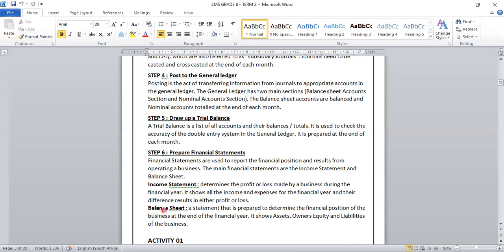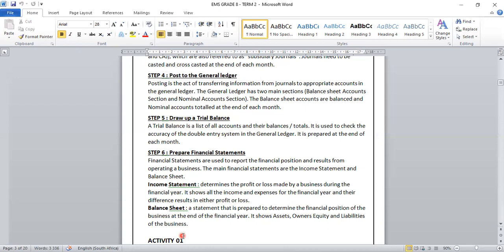Let us look at a balance sheet. A balance sheet is a statement that is prepared to determine the financial position of the business at the end of a financial year. It shows assets, owner's equity, and liabilities of the business.